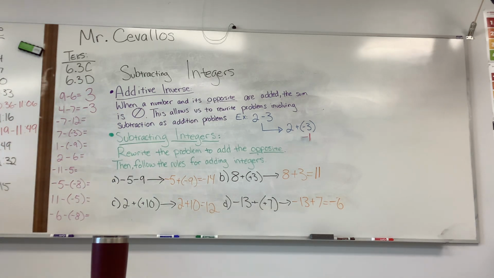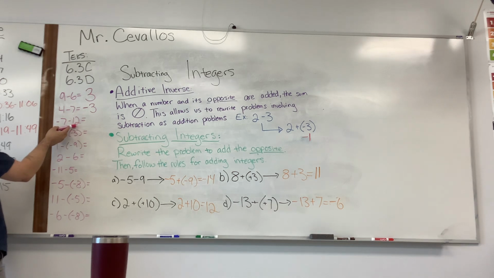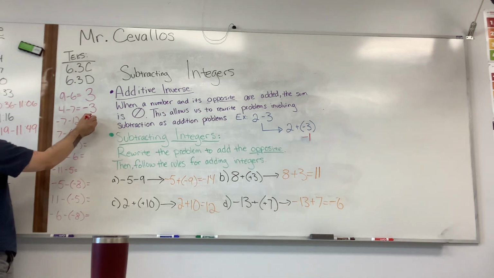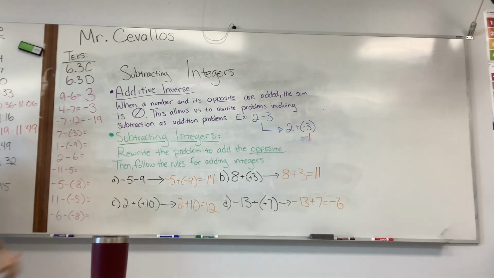Now the next one we have is negative 7 minus 12. That's perfectly fine. You can rewrite that as negative 7 plus negative 12. All that's saying is that you spent $7 one day and another $12 later. 7 and 12 is going to be 19, but because they both have negative values, it's going to be negative 19.